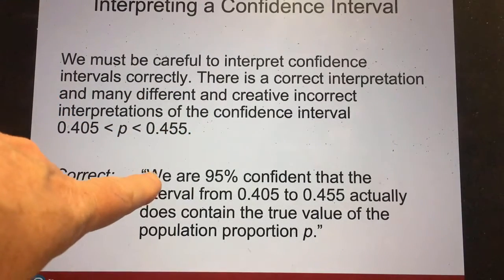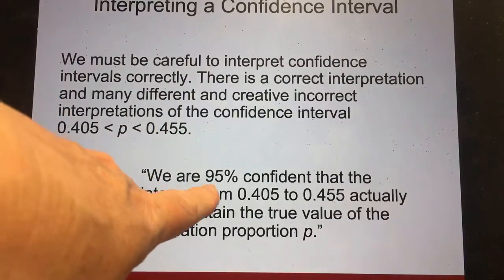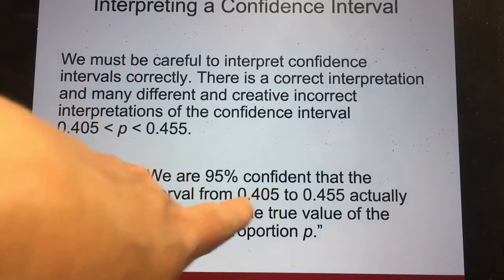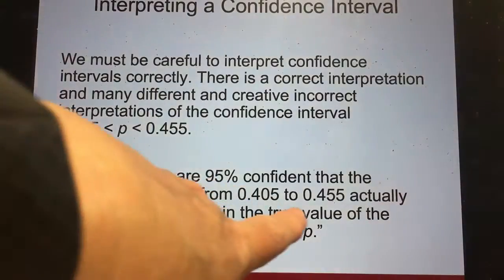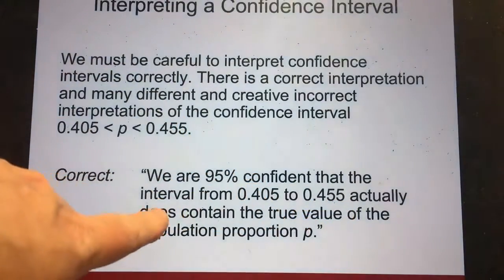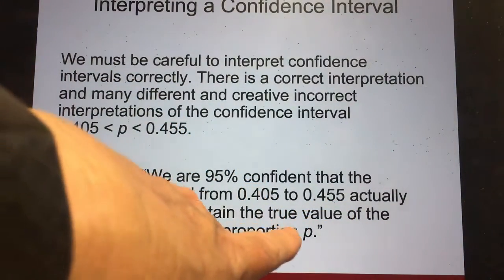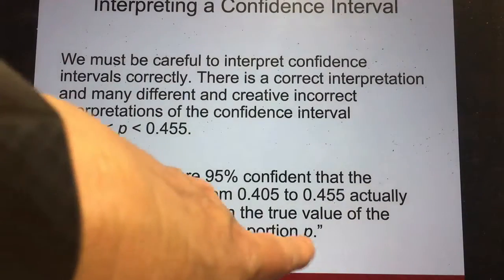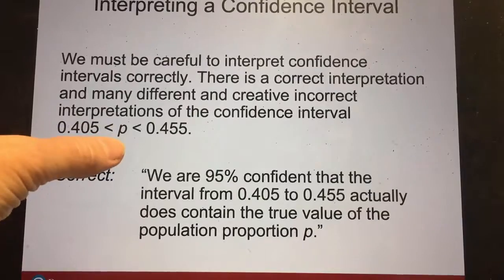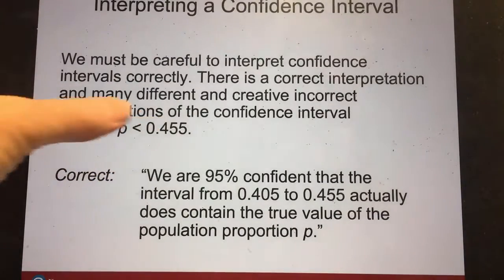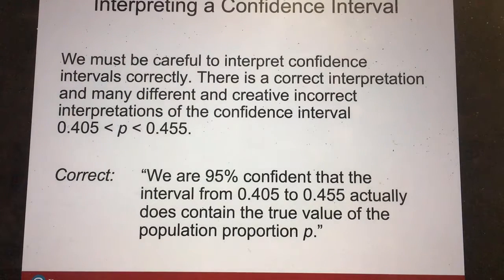We are correct if we say we are 95% confident that the interval from 0.405 to 0.455 actually does contain the true value of the population proportion P. Basically they're saying the true P, the population proportion, is in this interval or range.